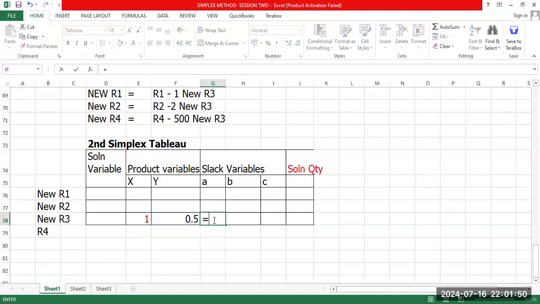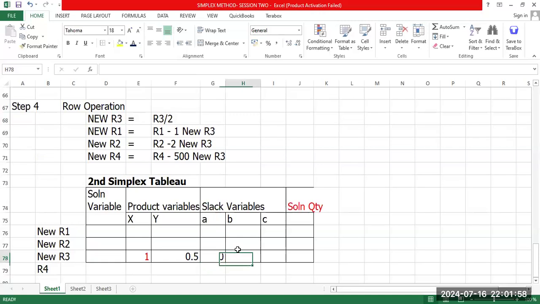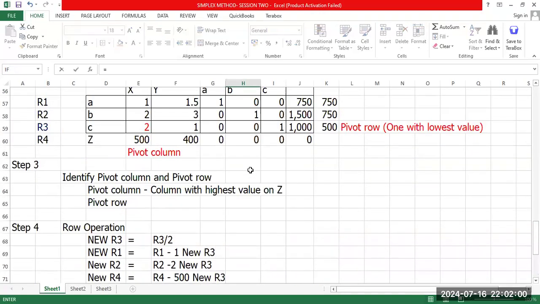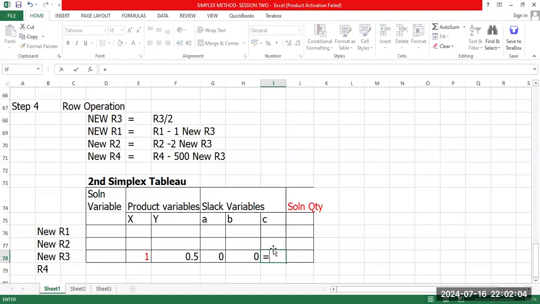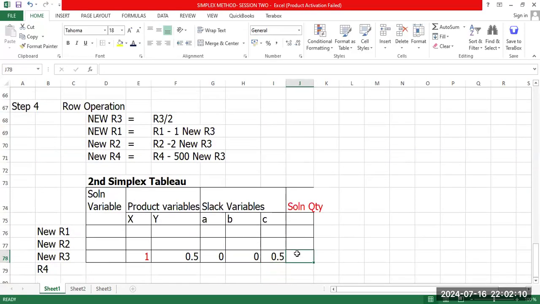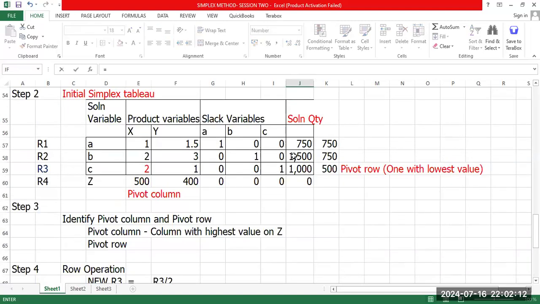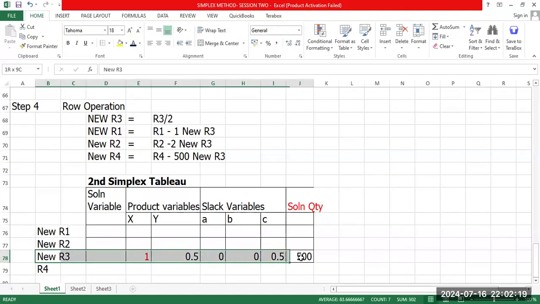You get the next, what is the figure? The value here is 0 divided by 2. You keep on doing that on your calculator. This divided by 2. Then the value on C, it was 1. I divide by 2. Then the last one, it was 1,000. I divide by 2. I am done with new row 3.